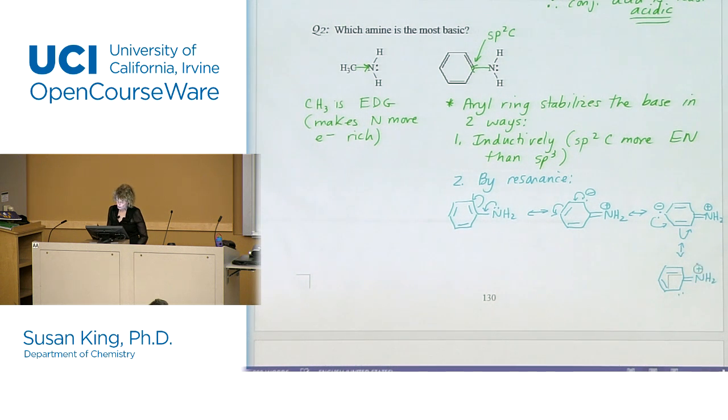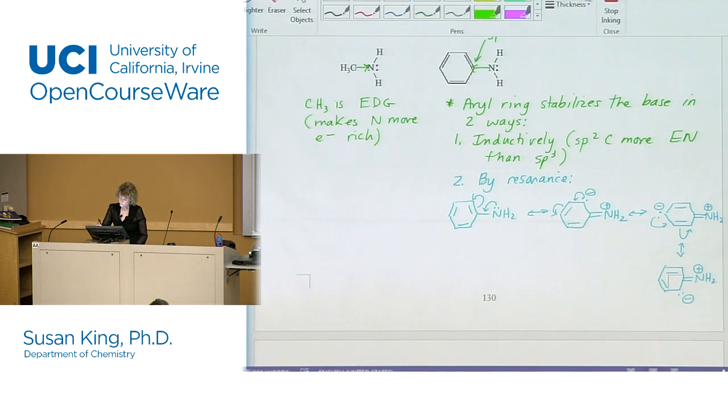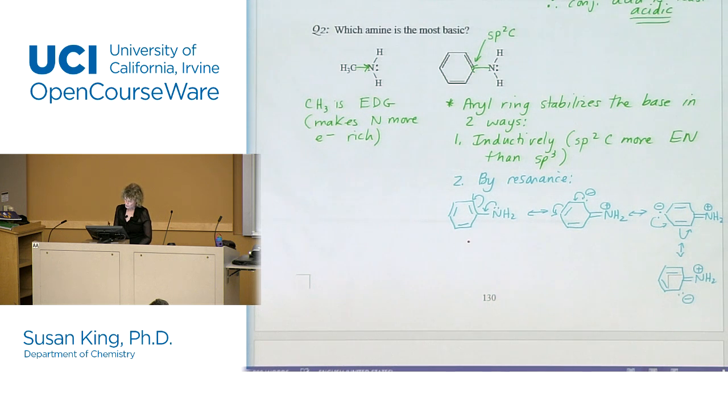So what we say here is that electrons are delocalized. And let's put brackets around that. So the electron pair is delocalized over the entire ring. So therefore, it's more stable, and therefore it's going to be less basic.